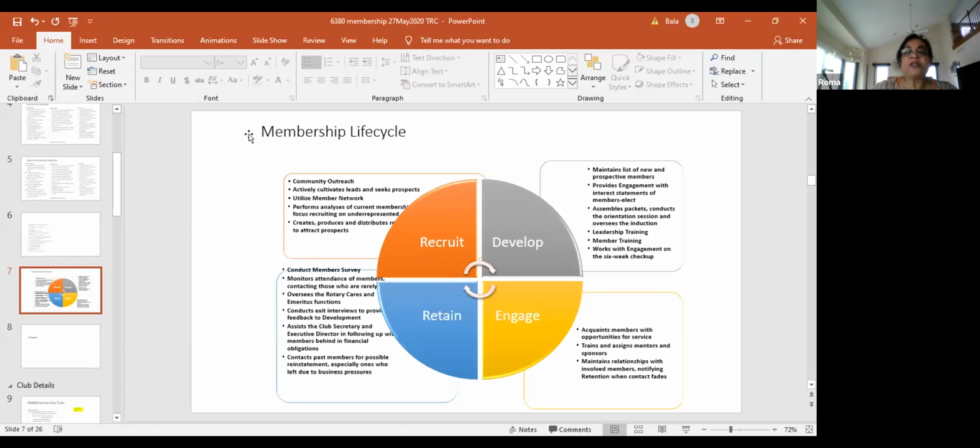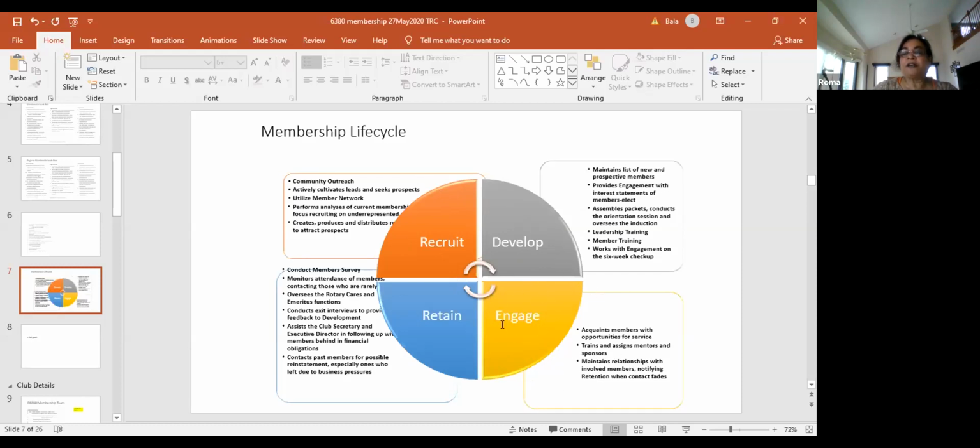We start out with recruiting a member. We want to develop that member. And Dawn, that's where I think you're taking the lead in terms of development, leadership training, making sure they have the knowledge on the RI website, etc. And then engaging members, and that's through all the service projects and through all the polio.